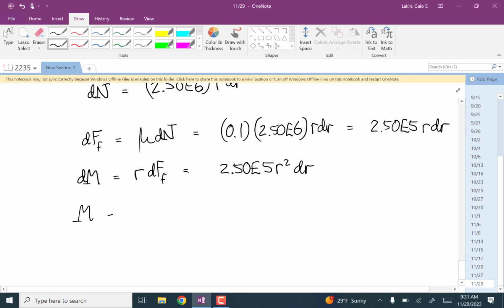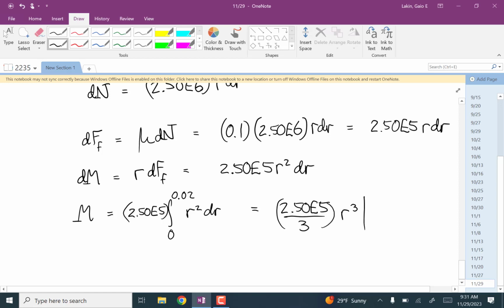And so the total couple is the integral from 0 to 0.02. I'll pull out all the constants: 2.5 times 10 to the 5 times r squared dr. So that's 2.5 times 10 to the 5 divided by 3 times r cubed evaluated from 0 to 0.02.